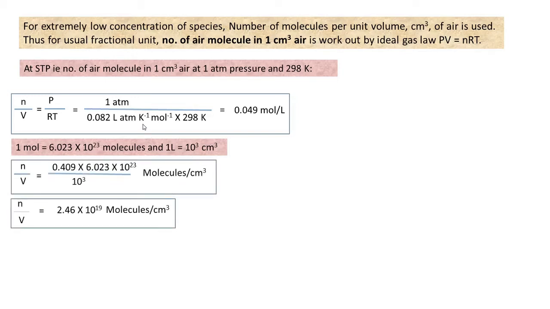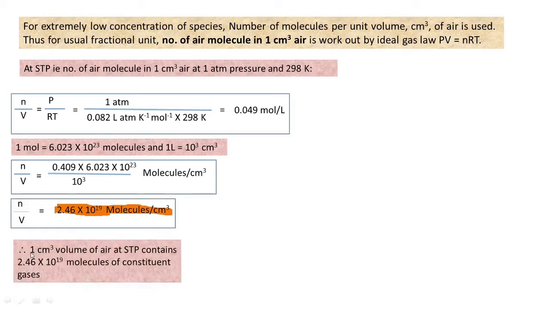So put this value in this equation, you will get N by V equal to 2.46 into 10 to the power 19 molecules per centimeter cube. That means 1 centimeter cube volume of air at STP contains 2.46 into 10 to the power 19 molecules of gas.